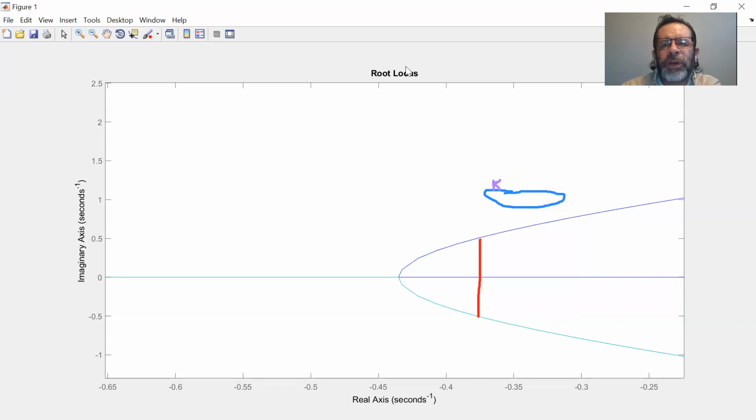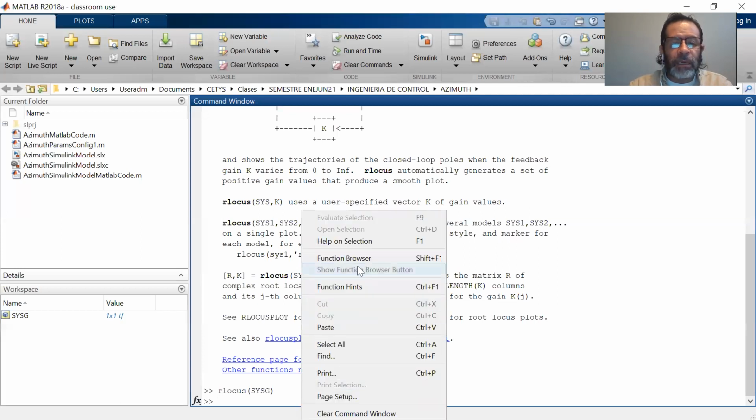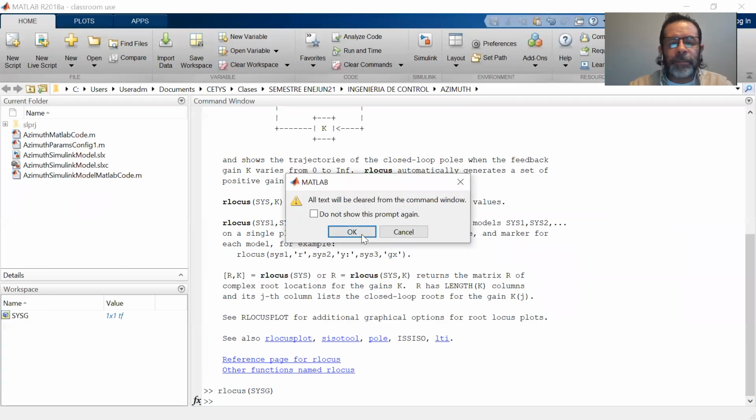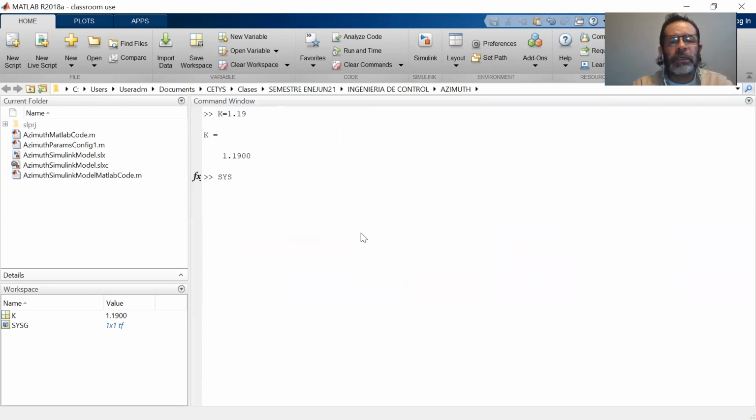So let's go back over here to MATLAB and let's see what happens with that gain. So I'm going to say that K equals 1.19. Okay, just a close value to 1.19. And then I'm going to say that cis, what example is this?